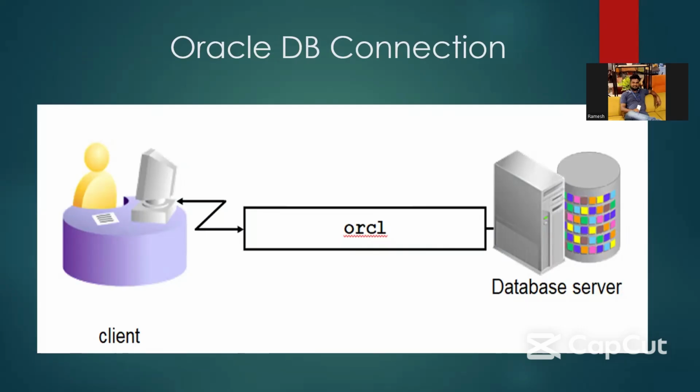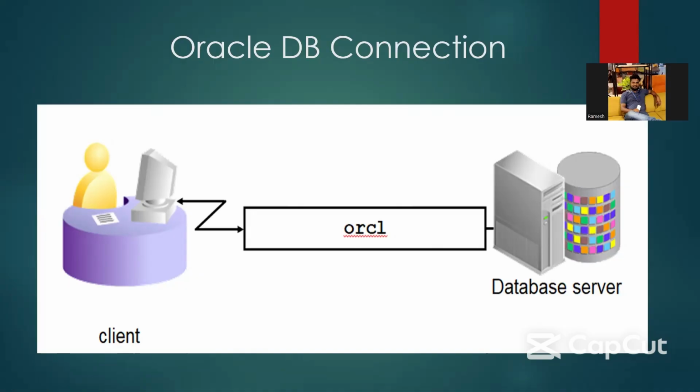So this is database connectivity. This is the client, which accesses our databases by SID or service name. If the end user sends a request to the listener, and the listener is up and running, it will read our tnsnames.ora file.